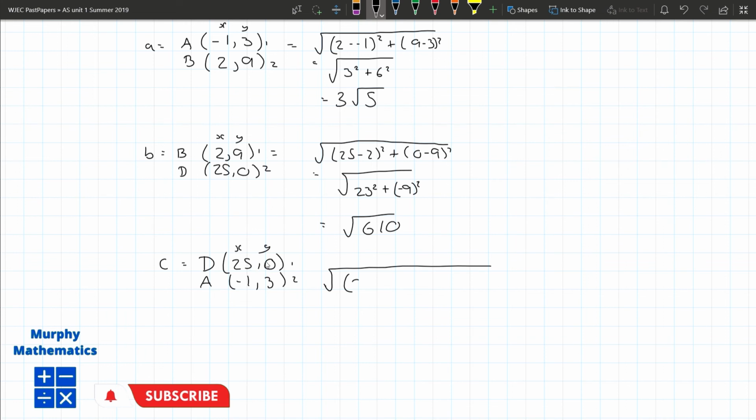So x2 will be minus 1 minus 25 squared plus 3 minus 0 squared. That is minus 26 all squared plus 3 squared, which equals root 685.